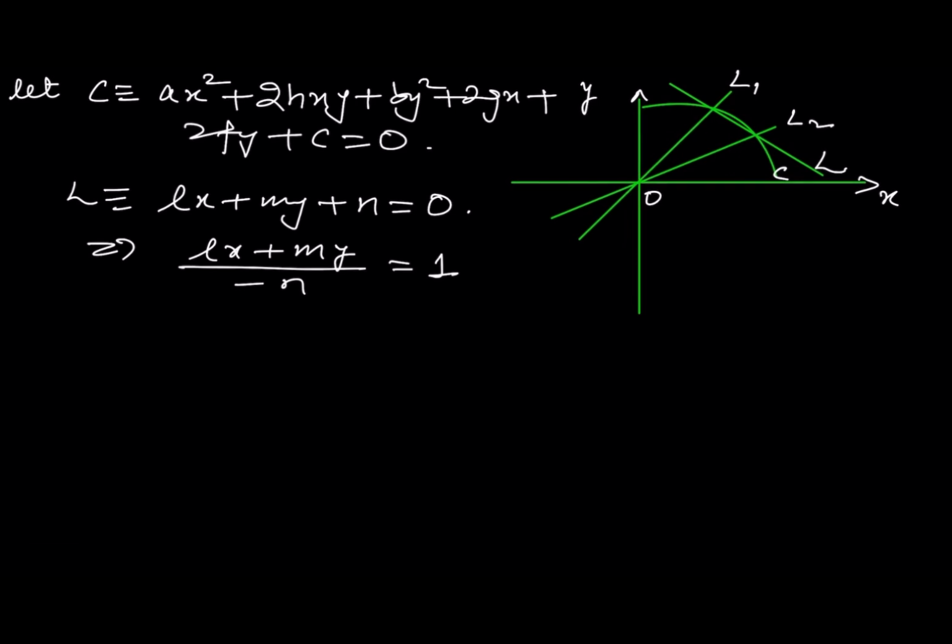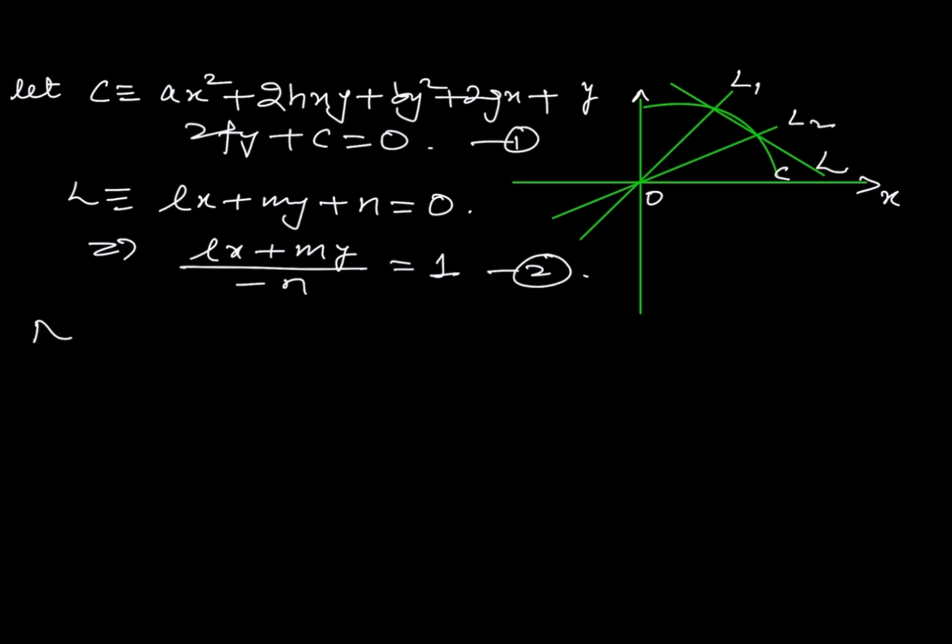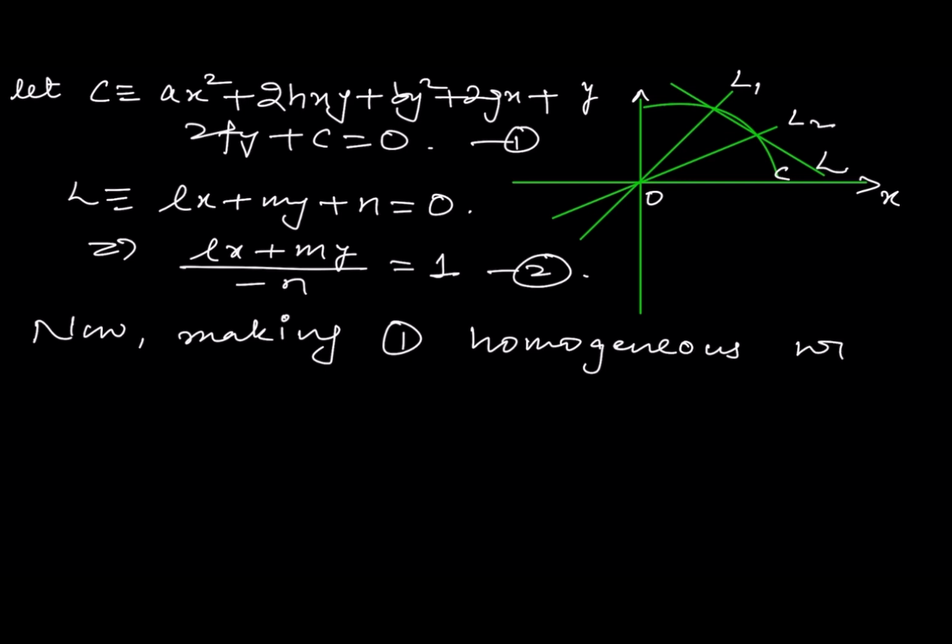So say this is 1, this is 2. Now we are making 1 homogeneous. Homogeneous means we are making each term of 2 degree. So we are making 1 homogeneous with the help of 2. Okay. How we can make this? See.